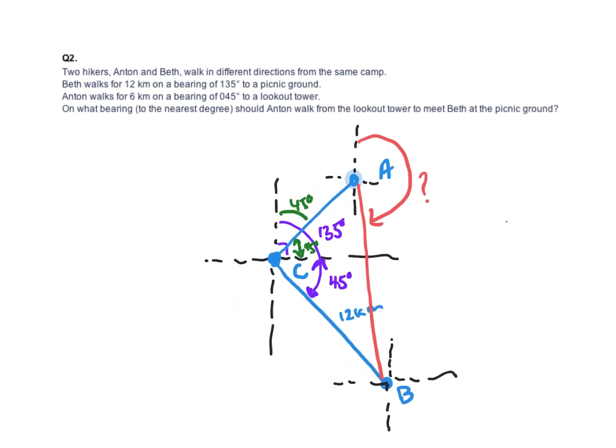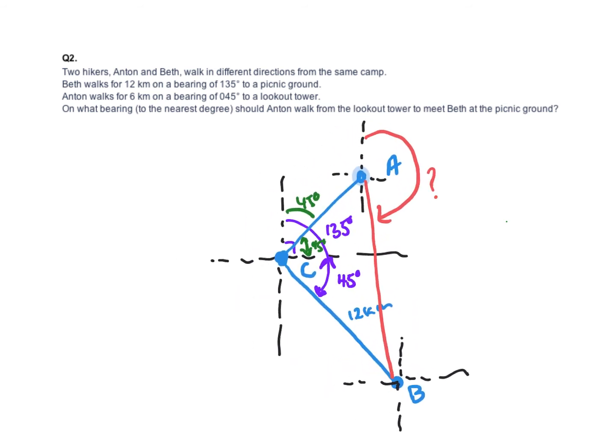If I blew that up a little bit, we can see the information that we have. We know that this in here is 45 as well. And because of parallel lines, because I'm seeing a parallel line here with the two north lines, I know if to here is 45, then the opposite way is 45.